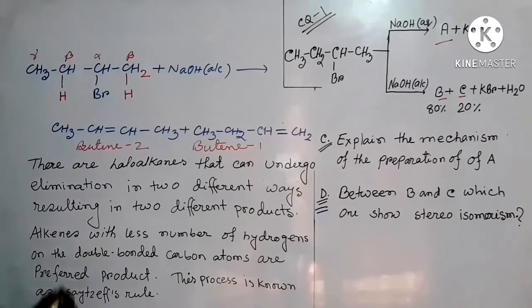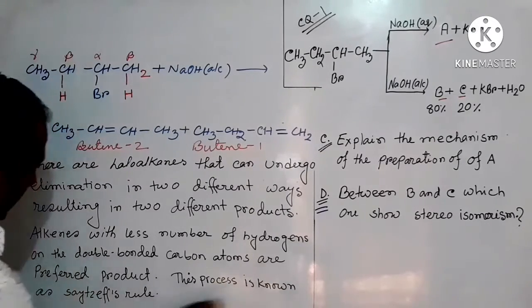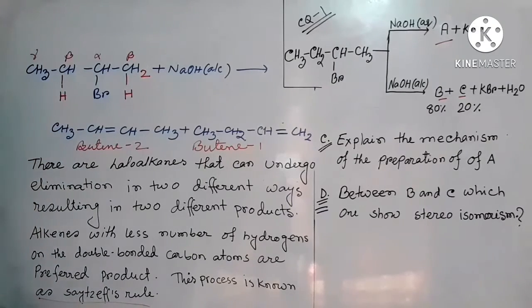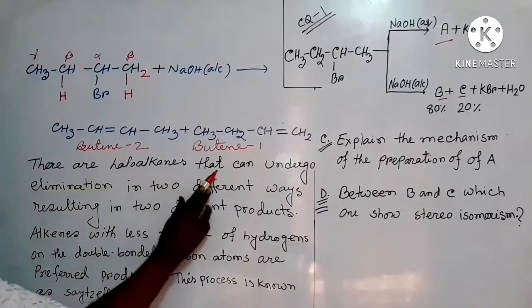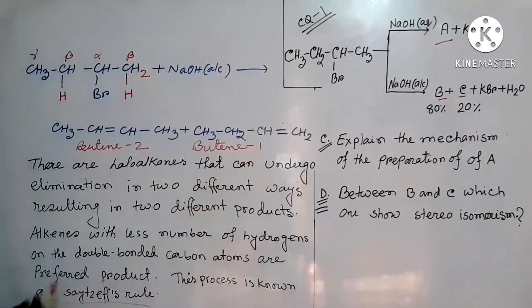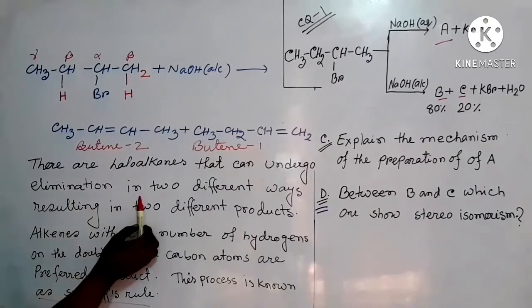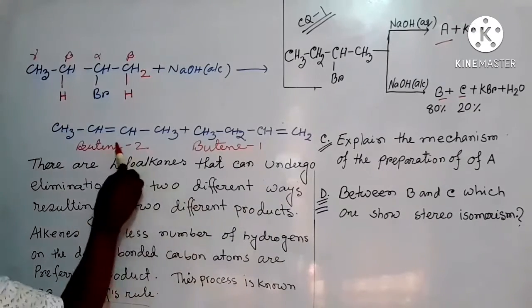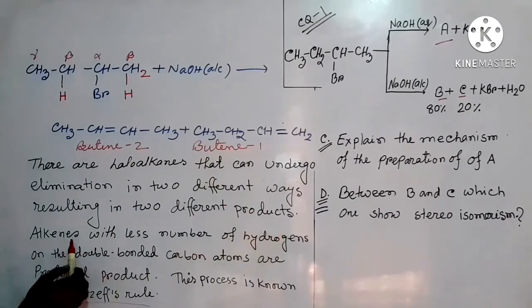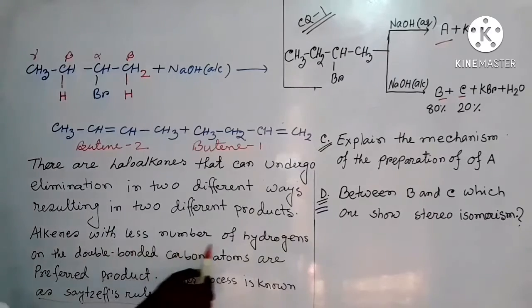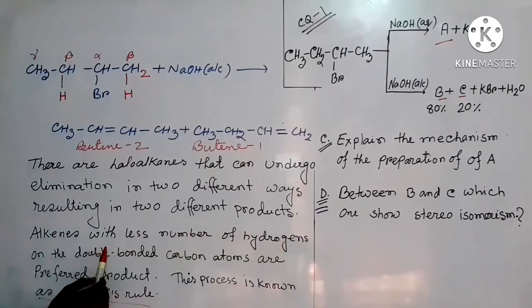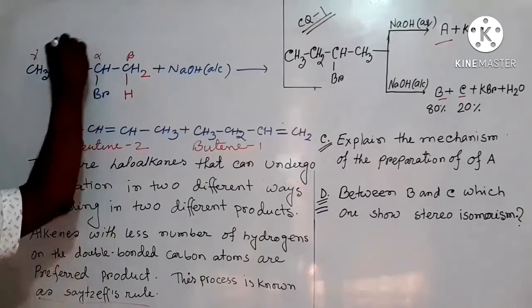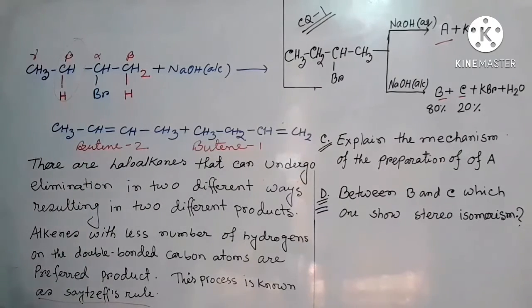There is a rule known as Saytzeff rule. Saytzeff rule says haloalkanes can undergo elimination in two different ways, resulting in different products. Alkenes with fewer hydrogens on the double bonded carbon atoms are the preferred products.